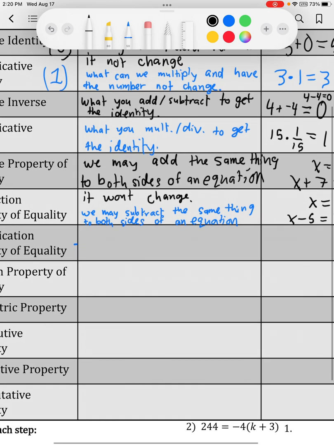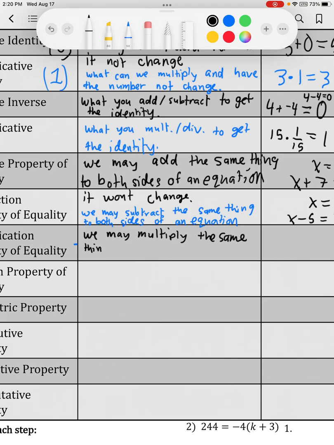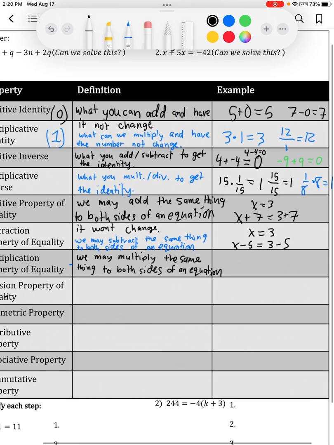The logic continues for multiplication and division as well. So if we have x is equal to 3, we can say 2 times x is equal to 2 times 3.